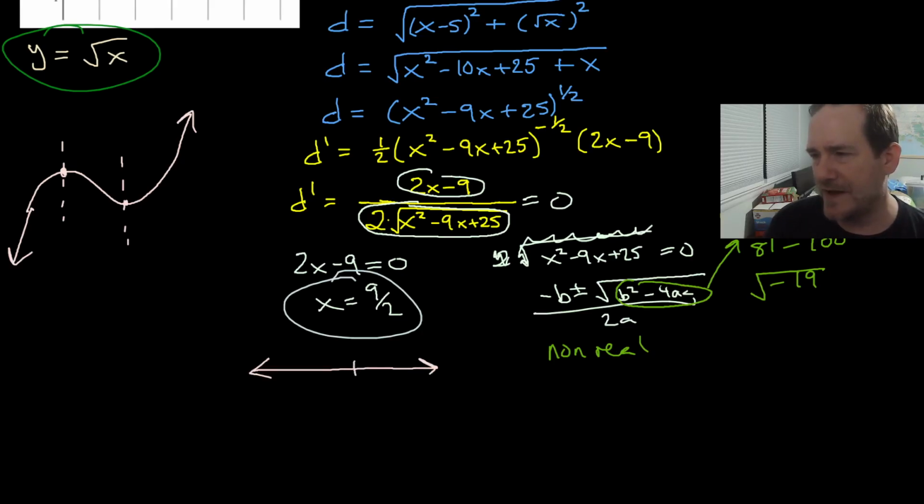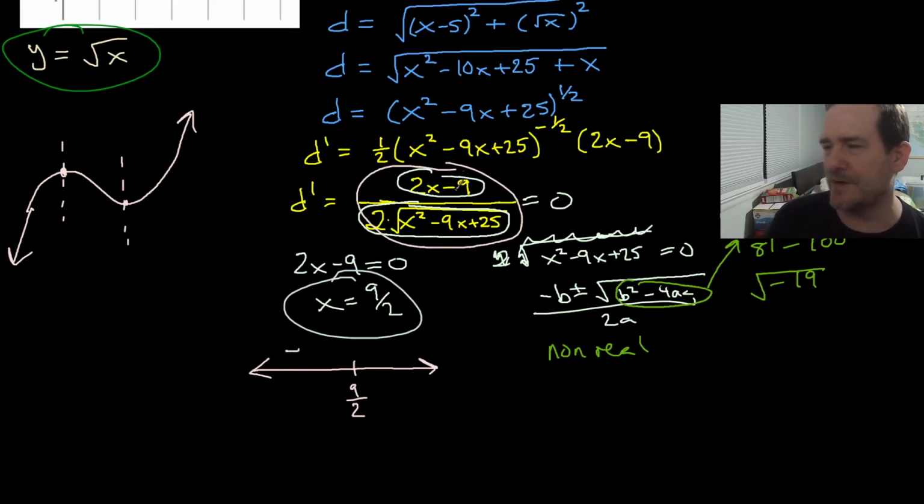So if we take 9/2 and plop it down in the middle, and consider a number less than that, we'll go to our first derivative. This numerator would be negative for numbers less than 9/2. My denominator would be, well, I don't know. If I plugged in 9/2, I think I would get a positive, wouldn't I? And then the square root of that positive would be a positive, and then times 2 would be a positive. So a negative divided by a positive makes me negative.